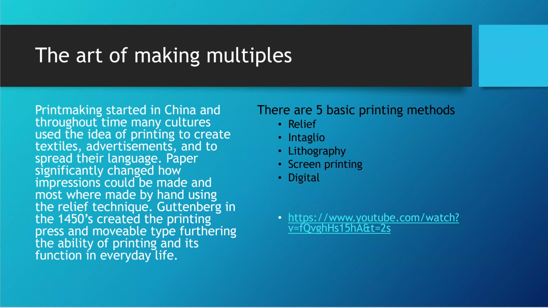We know of Gutenberg in the 1450s and his invention of the movable type and the printing press, which allowed copying text a whole lot quicker instead of handwriting it. But that same printing press has been used and even modified to service other mediums and techniques that are still based off the principles of making many.